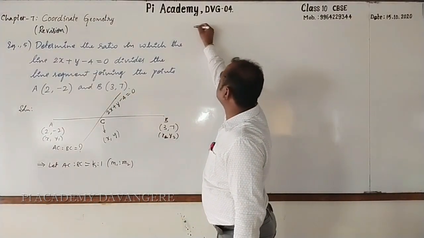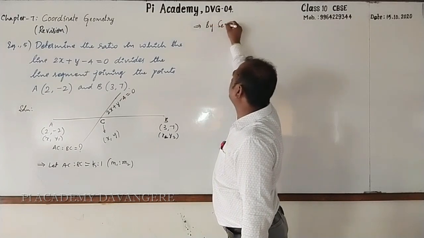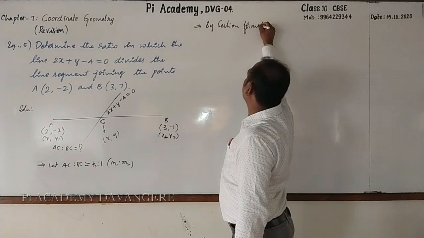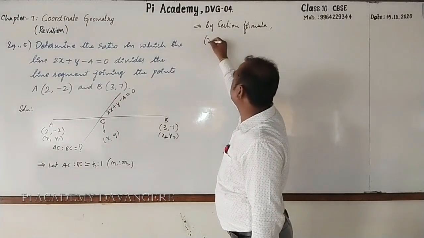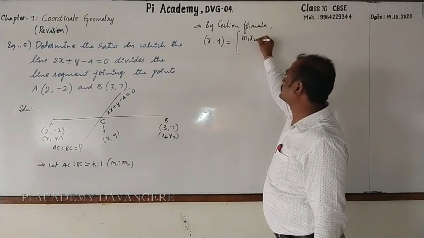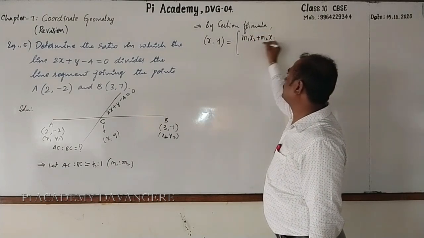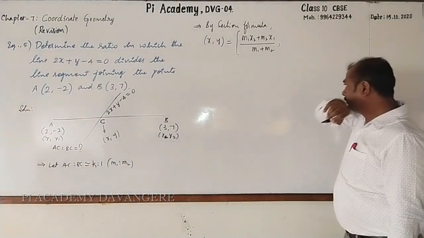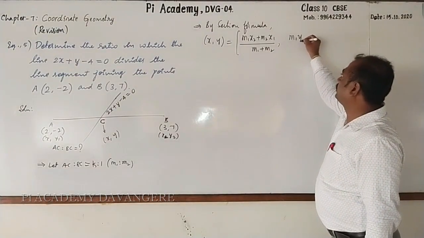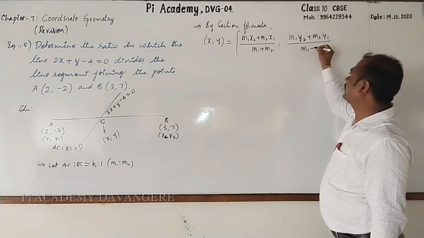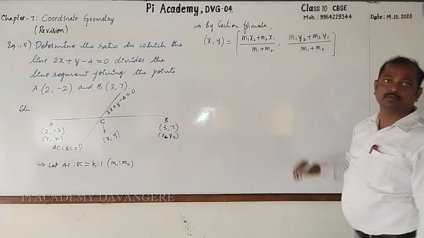Let us use the section formula. By section formula, (x, y) = ((m1x2 + m2x1)/(m1 + m2), (m1y2 + m2y1)/(m1 + m2)).